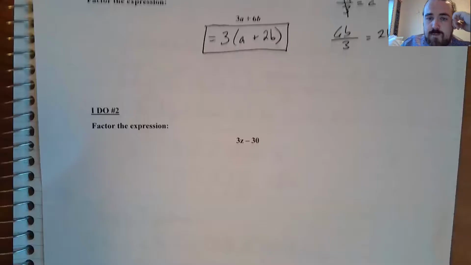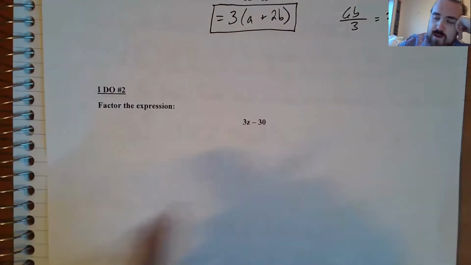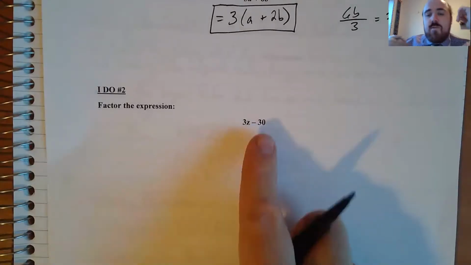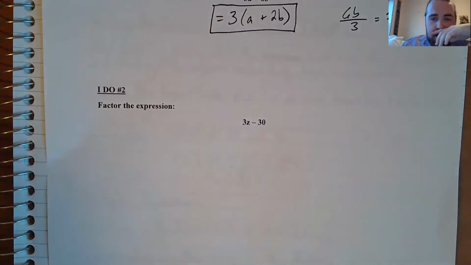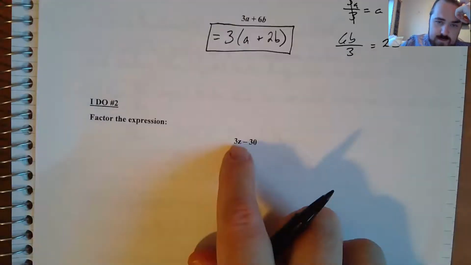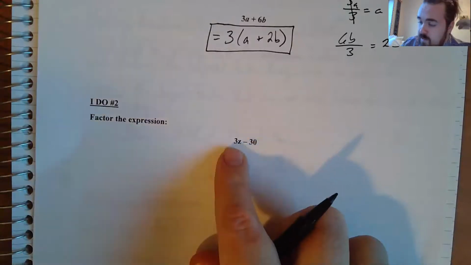All right, item number 2. It's similar, but here instead of 2 variables, I have a variable and a constant, 3z minus 30. Again, ask yourself, what can they both be divided by? Well, 3. Just like we had 3 up here, 3 and 30 are both on the 3's times table, and 3 can't be divided by much else. It has to be 3.